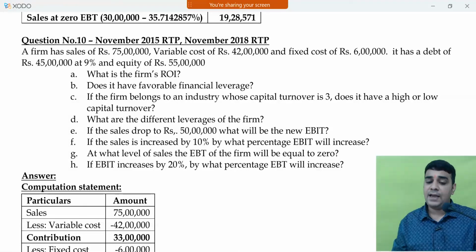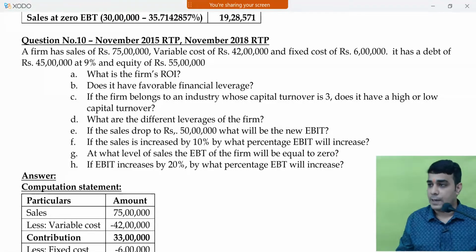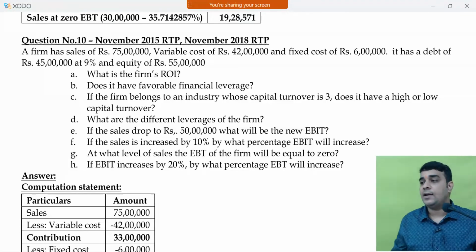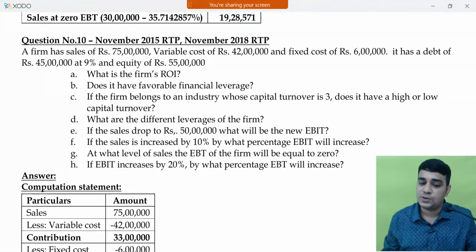Does it have a favorable financial leverage? Financial leverage is of two types. One is favorable, second is unfavorable. A firm has favorable financial leverage if ROI is greater than cost of debt. The return on investment which the company earns is 27%, cost of debt is only 9%.